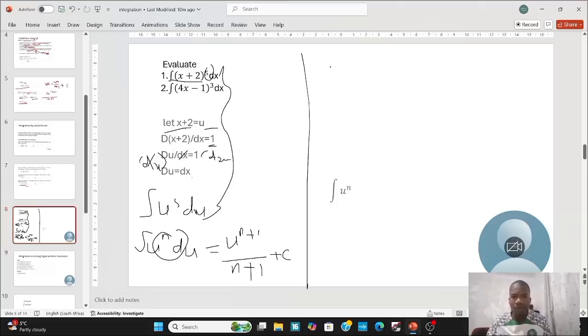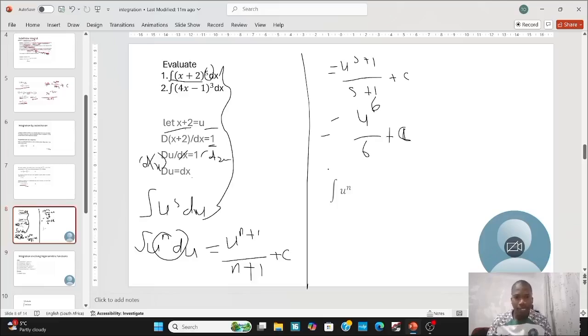Then we say the integral of u to the power 5 du is equal to u to the power 5 plus 1 all over 5 plus 1 plus c, right? Which is the same as u to the power of 6 all over 6 plus c.